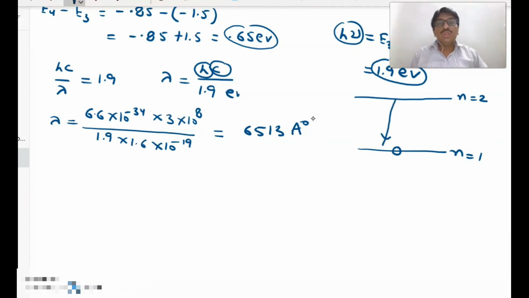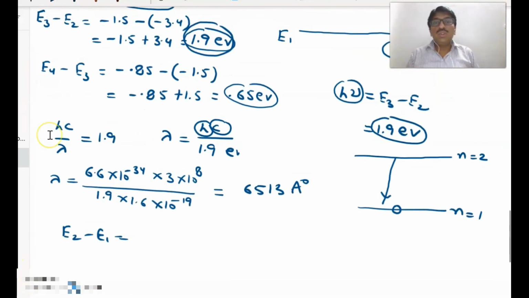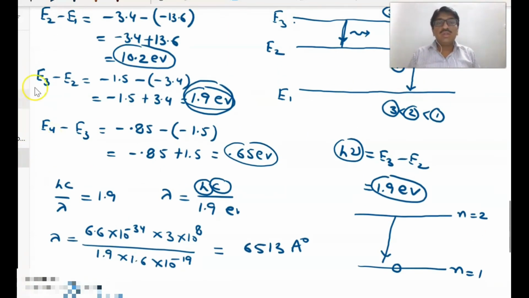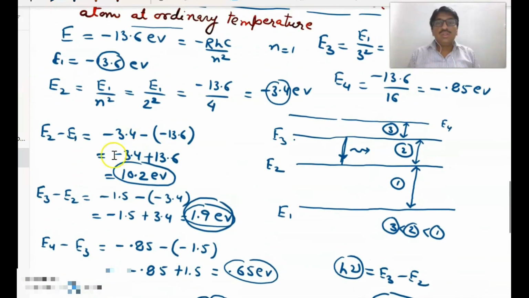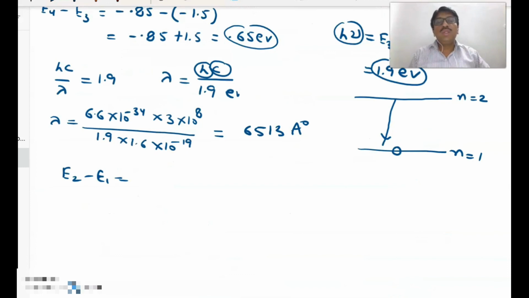So we have to determine E2 minus E1, and we have already determined E2 minus E1 as 10.2 electron volt.